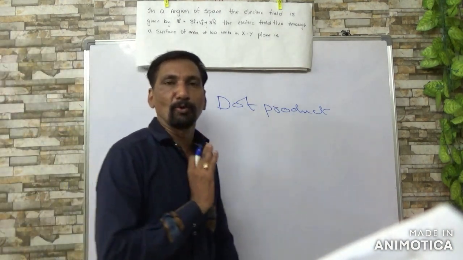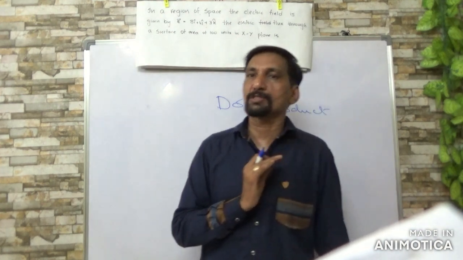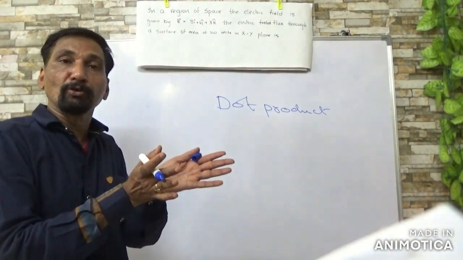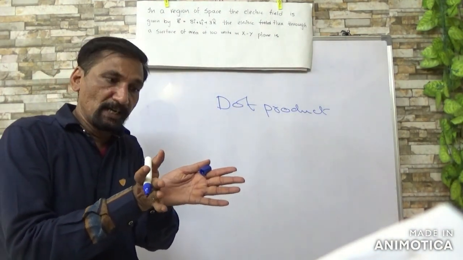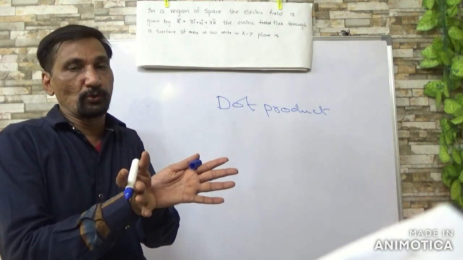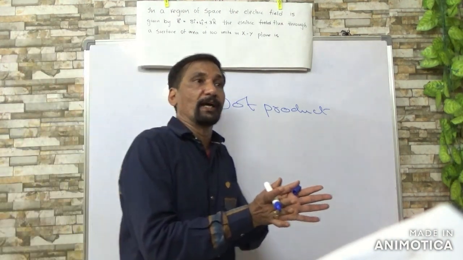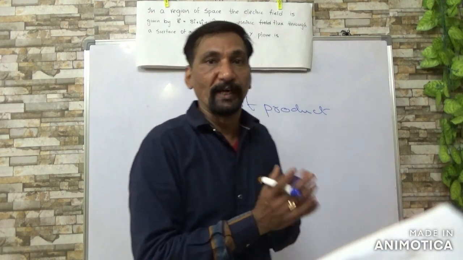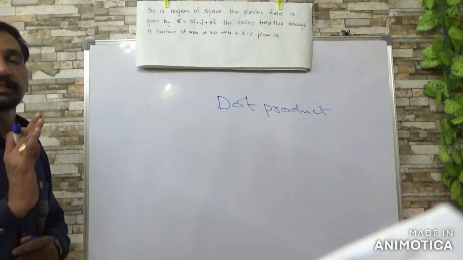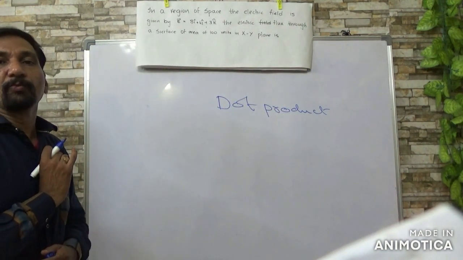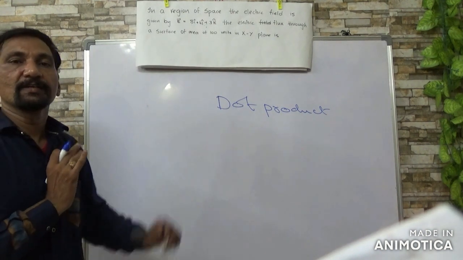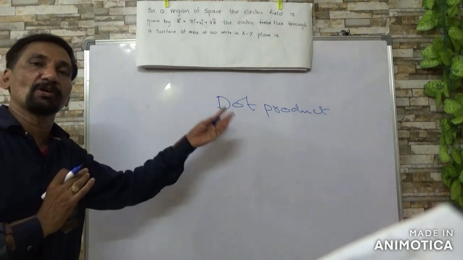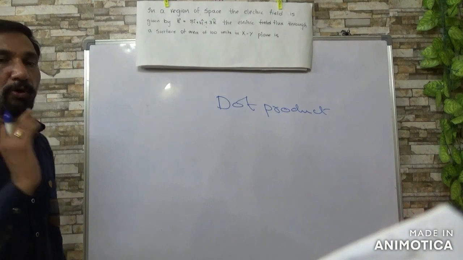So remember one important point under dot and cross: by doing dot you get the area covered between the 2 vectors, by doing cross you get the total volume. Okay. So cross is a vector one, dot is a scalar one. So that is why it is also called the scalar product.